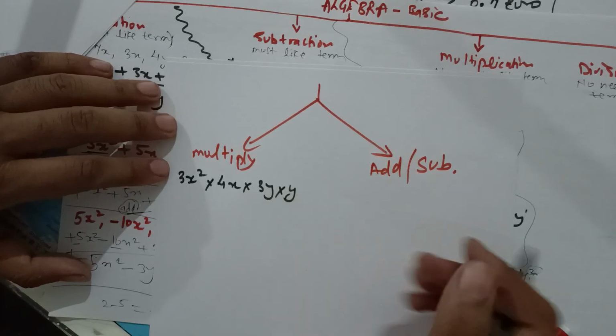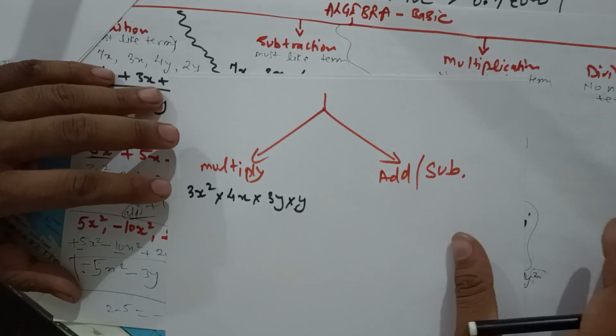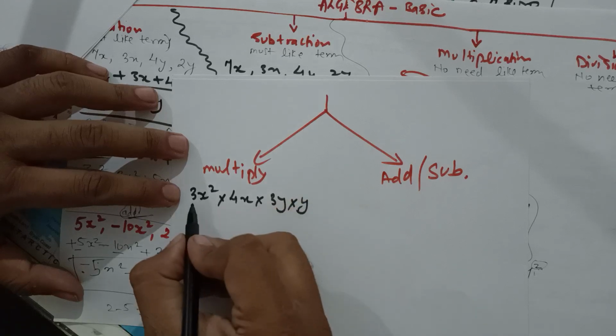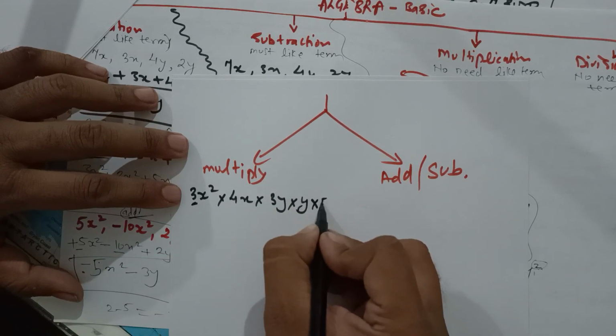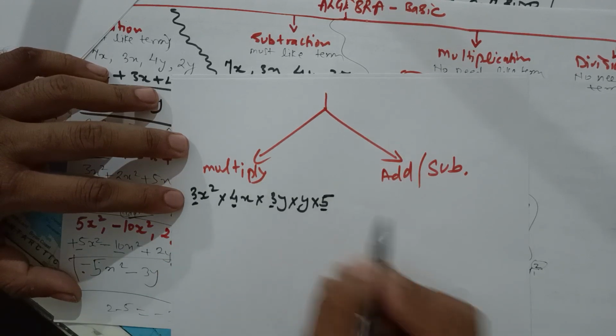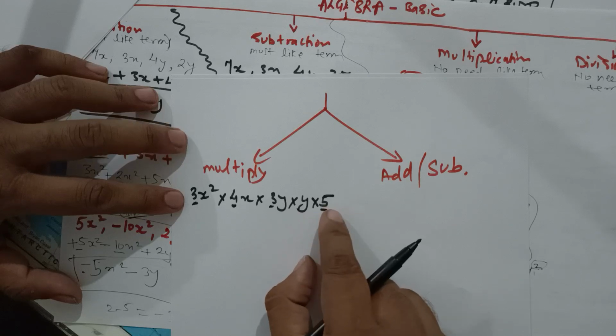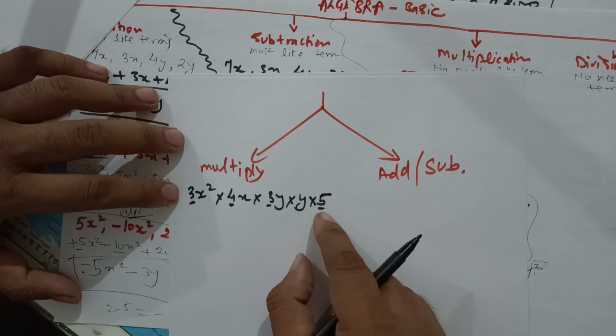In multiply, how do we solve it? Because we are not caring for like terms, just multiply the numbers: 3 into 4 into 3 into 5. Only numbers, no problem, we are multiplying the numbers only.